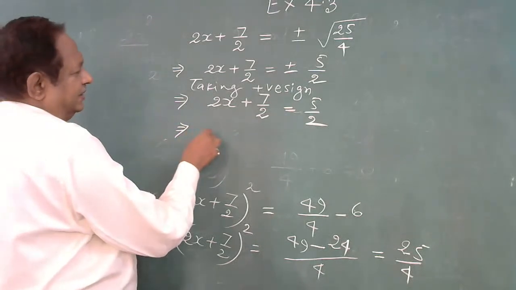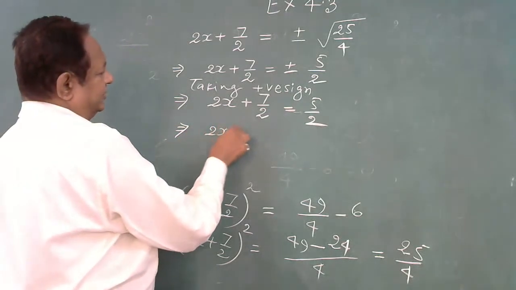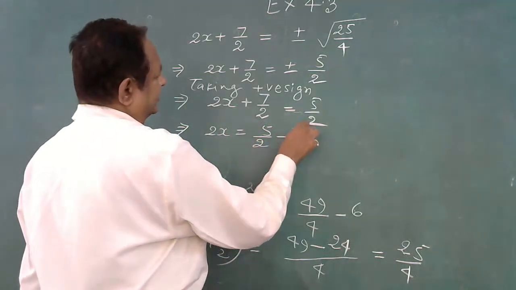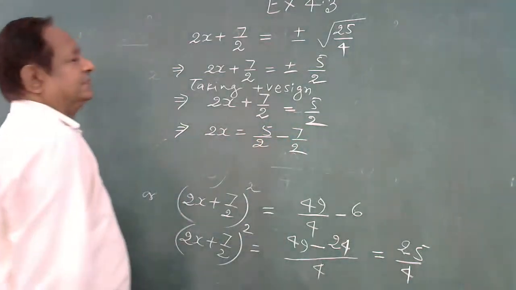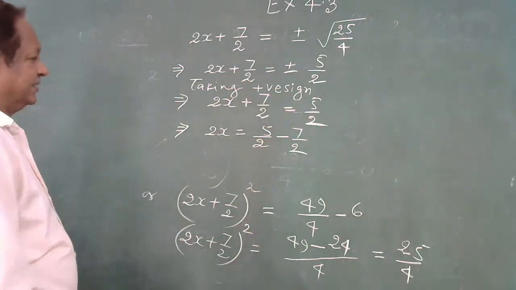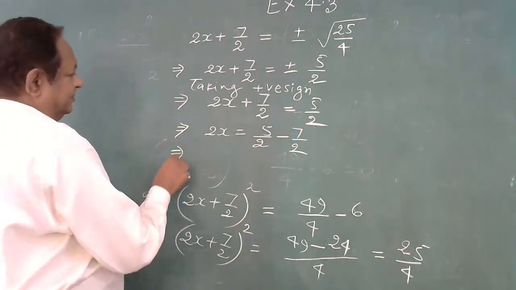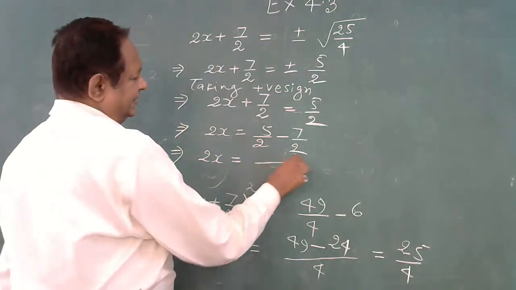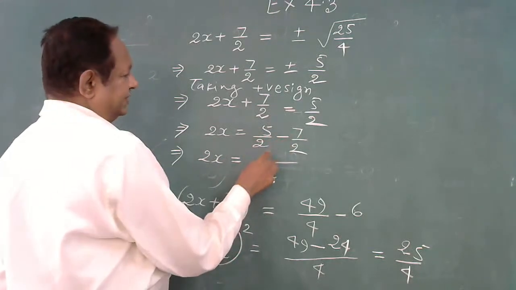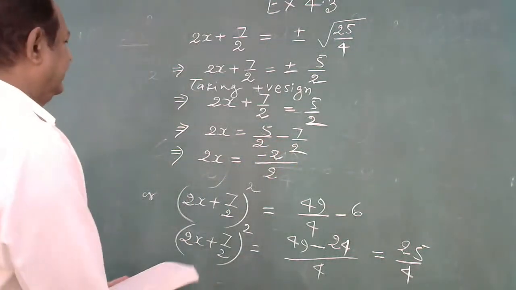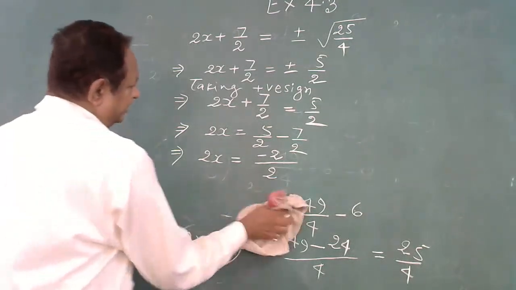This implies that 2x is equal to 5 by 2 minus 7 by 2, transferring 7 by 2 from LHS to RHS. This implies that 2x is equal to, LCM 2, 5 minus 7, that is minus 2 by 2, that is minus 1.